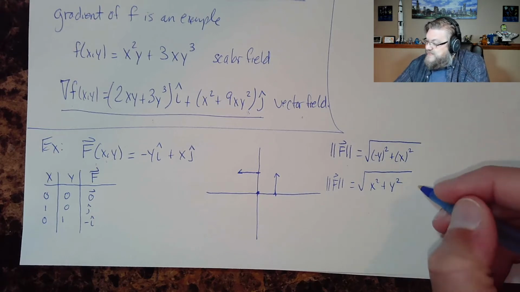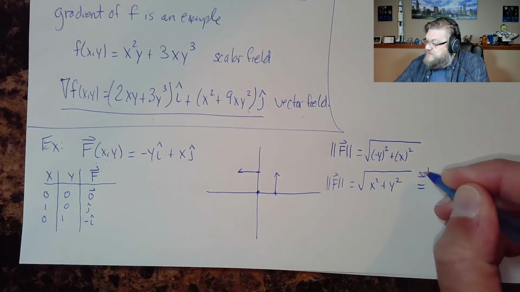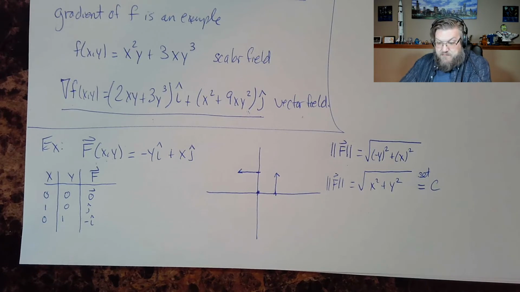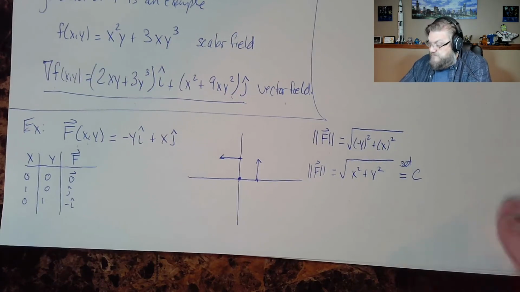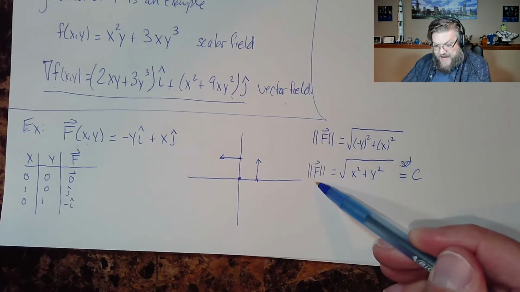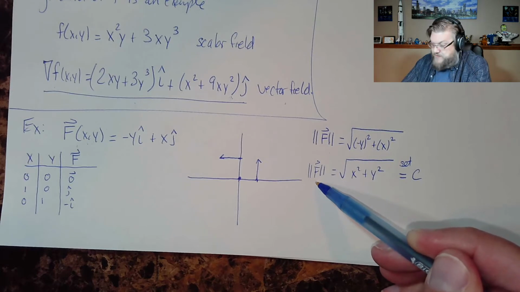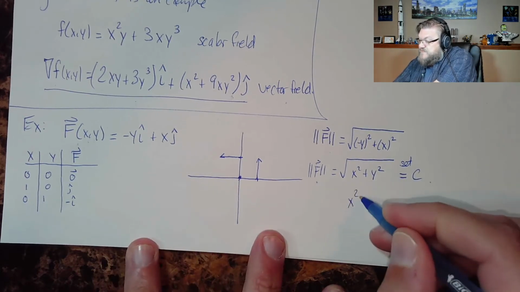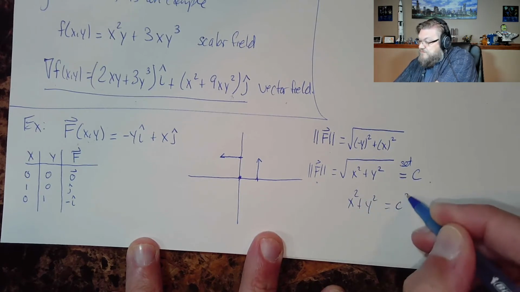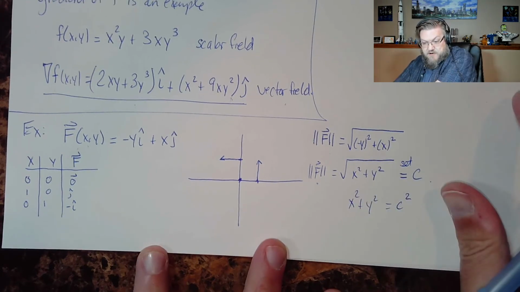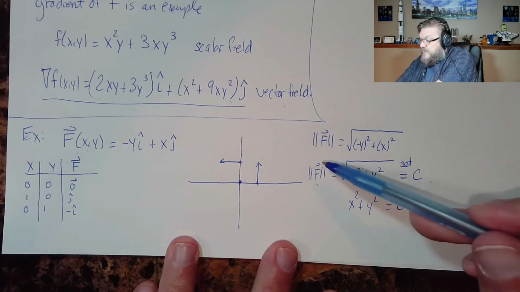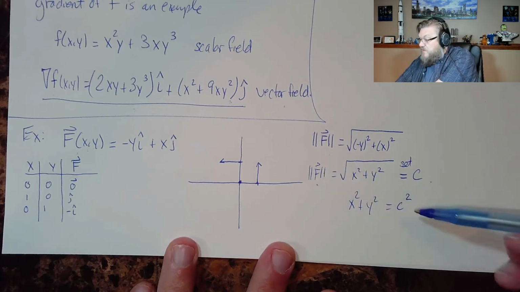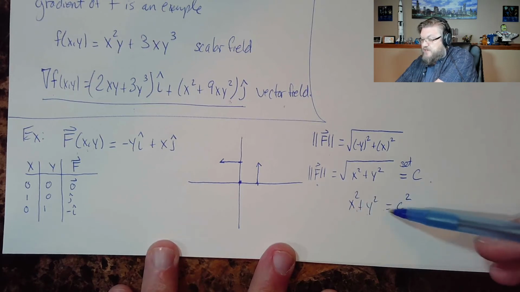Now, let's say that this was some constant, and so I set it equal to some c. Well, do you notice that if I want the magnitude of the field to be constant, then this is going to look like circles. Do you see that? And so if I want the constant magnitude to be 1, well, that's going to happen when this is x squared plus y squared equals 1.